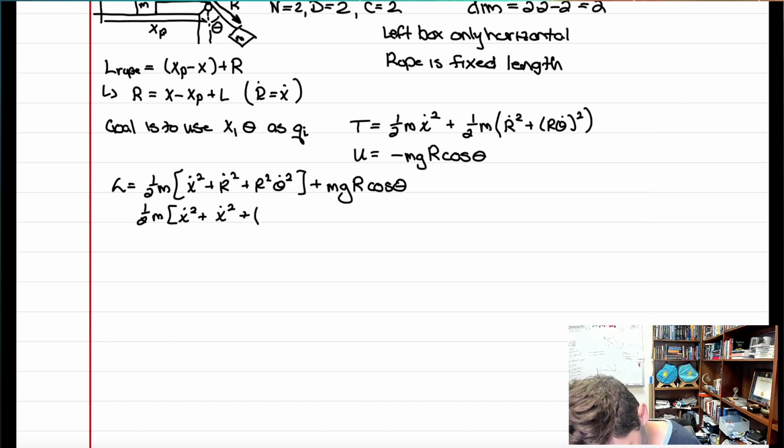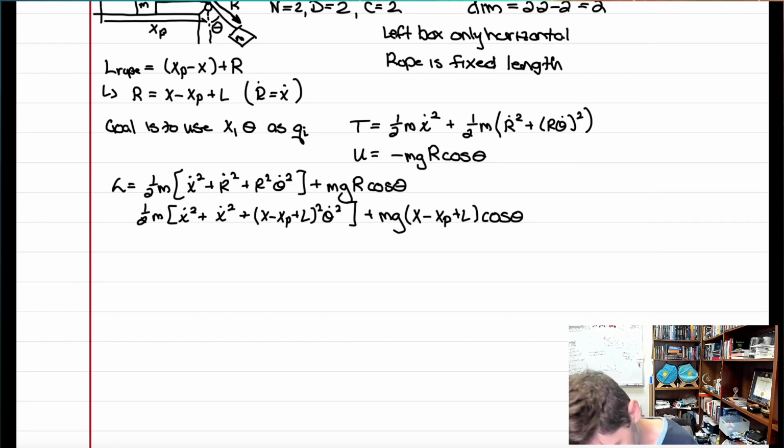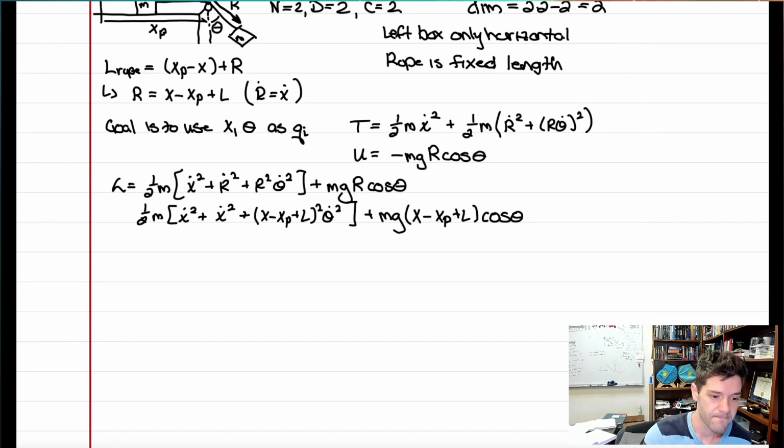And then plus, I have r, which is x minus x sub p plus L, all squared, multiplied by theta dot squared. Then I've added to that mg times x minus x sub p plus L, all times cosine of theta. This then gives me the full Lagrangian written in terms of only x, theta, x dot, and theta dot. And t does not appear explicitly at all.